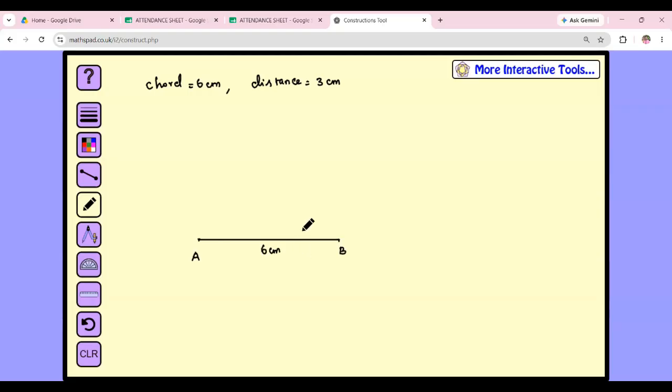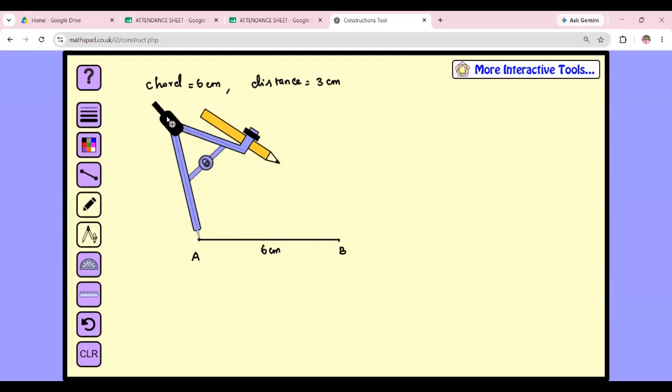Next I am going to draw the perpendicular bisector of AB. How to draw the perpendicular bisector? Use your compass, keep the pointer at A, and take more than half of AB in your compass. Draw the arc up and down.